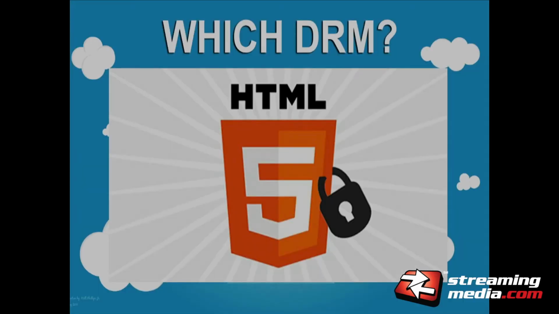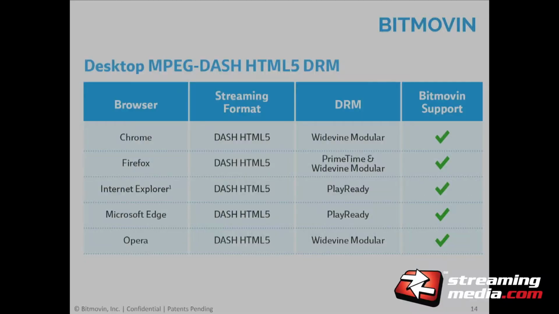Which DRM systems are we now seeing out in the market? Also here it's getting a little bit diversified. On desktop with MPEG-Dash streams in HTML5, you go for Chrome and for Firefox, typically with Widevine Modular. Firefox also has the support for Primetime from Adobe. However, we don't see that really in the market.